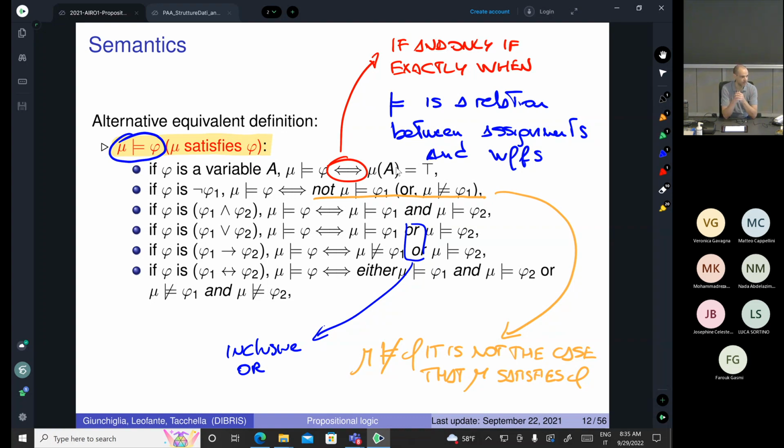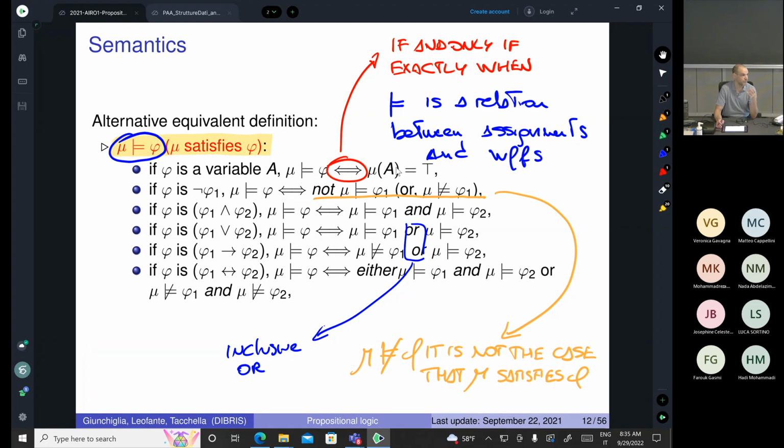So if you have trouble with the definitions here, you can always recall the Boolean circuit analogy and think of connectors as gates and semantics as just supplying a value to the gate and observing the output. As you can see, the truth table that we introduced is completely in tune with this analogy.